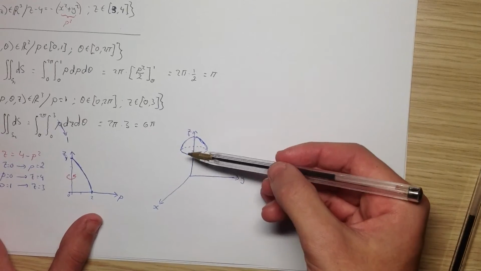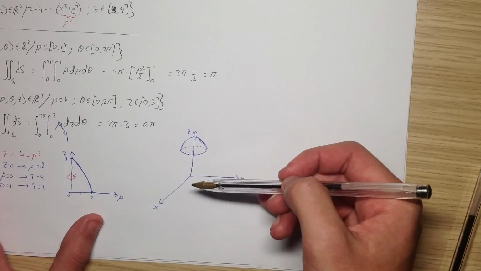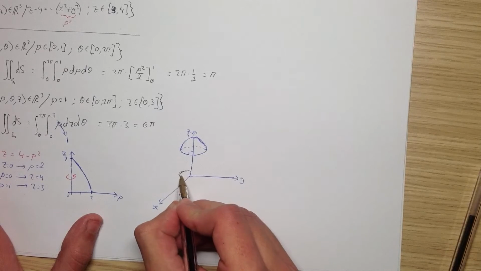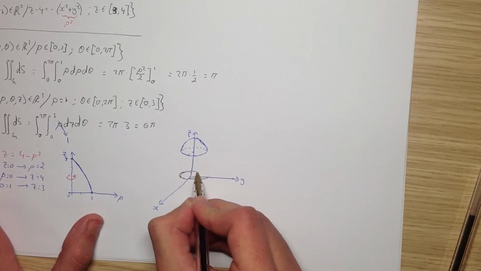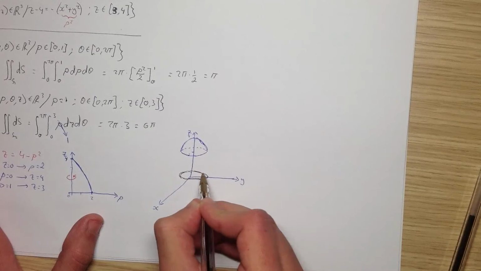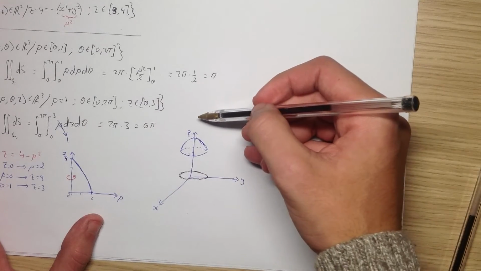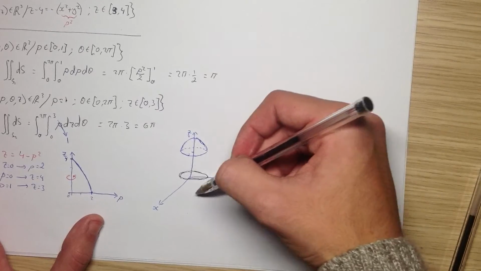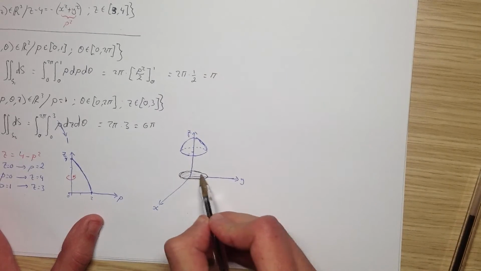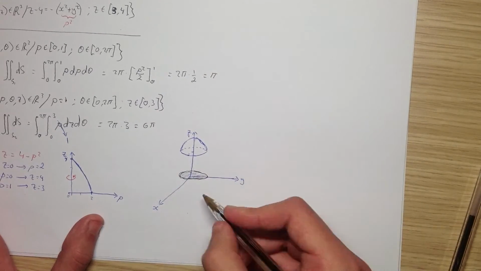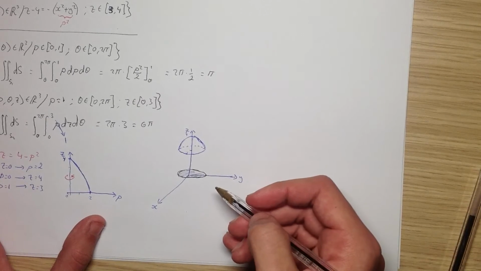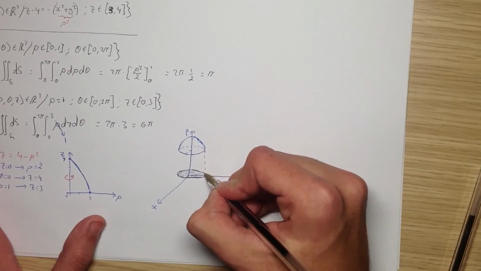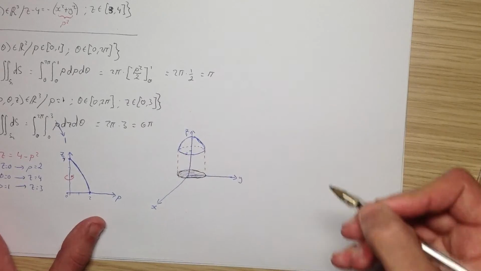So what will the projection of this figure be in the xy plane? It will be a circle here. This is like if you put a light from here, what will the shadow be in the xy plane? Well, this is meant to be a circle of radius 1. That's like the shadow.